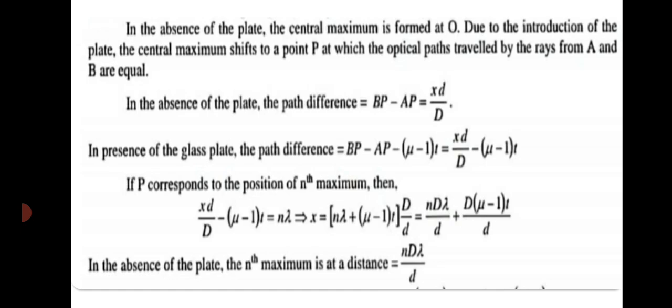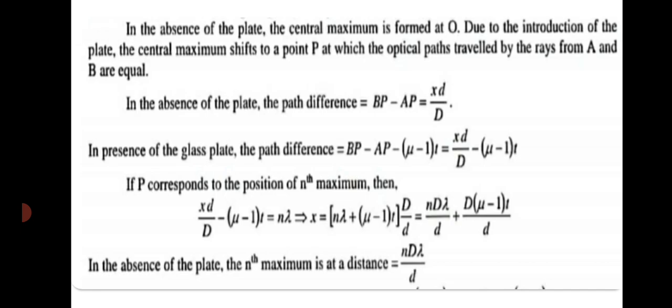If P corresponds to the position of the nth maximum, then xd/D minus (mu minus 1) t is equal to n lambda. Solving for x, x is equal to (n lambda plus (mu minus 1) t) times D/d, which is equal to n D lambda/d plus D (mu minus 1) t/d.